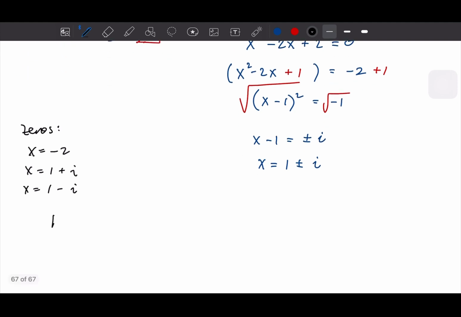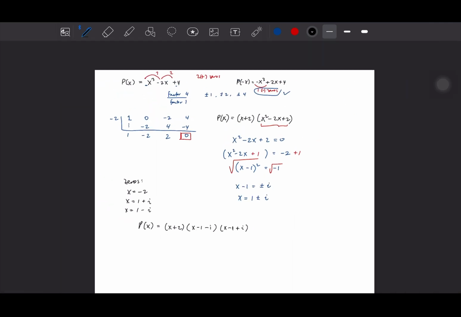Or if you would like to write the structure, let me just write it again. I think we can write like this and plus. I think this should be correct. Okay.